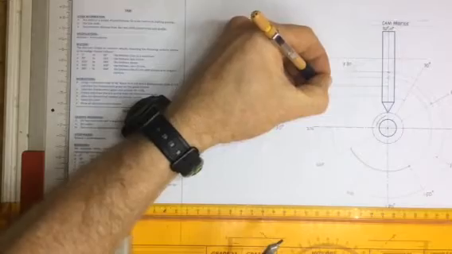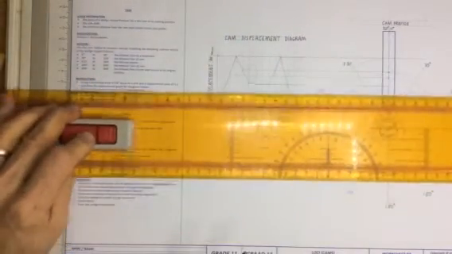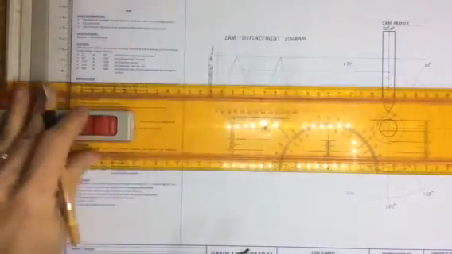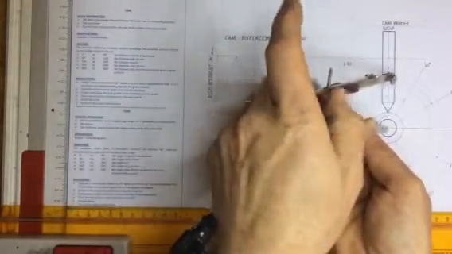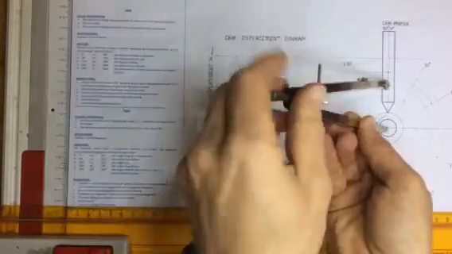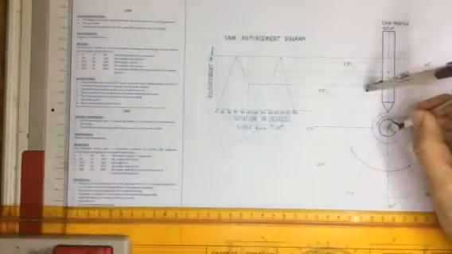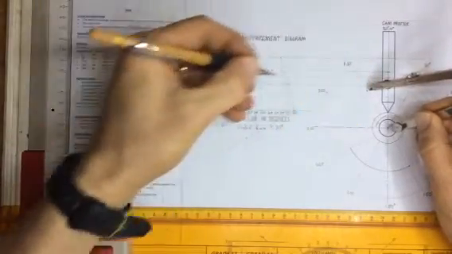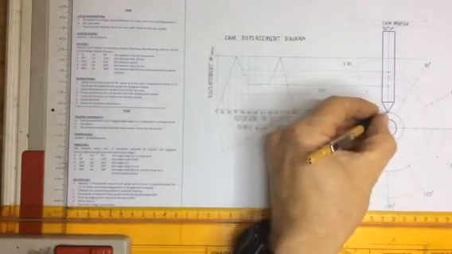So at 300, it's at its full height. It then falls down again. There it is. I'll take that point all the way around to 330. There it is. And then it goes all the way back to 360 over there.